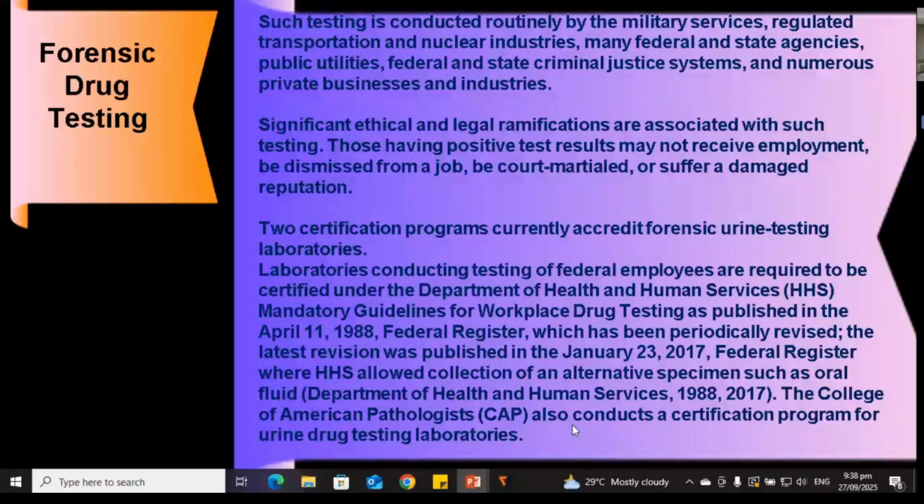Also in nuclear industries, the persons working inside the laboratories, or engaged in storage of materials, need testing. And also in many federal and state agencies working with poisonous or harmful substances, these tests are routinely done, because toxicity or poisoning is a very likely occurrence there.